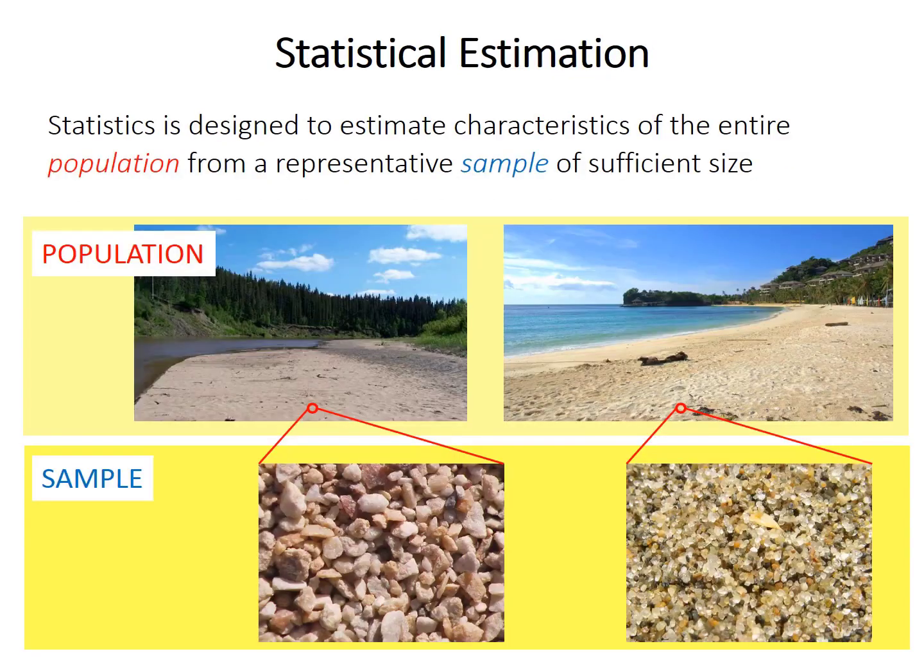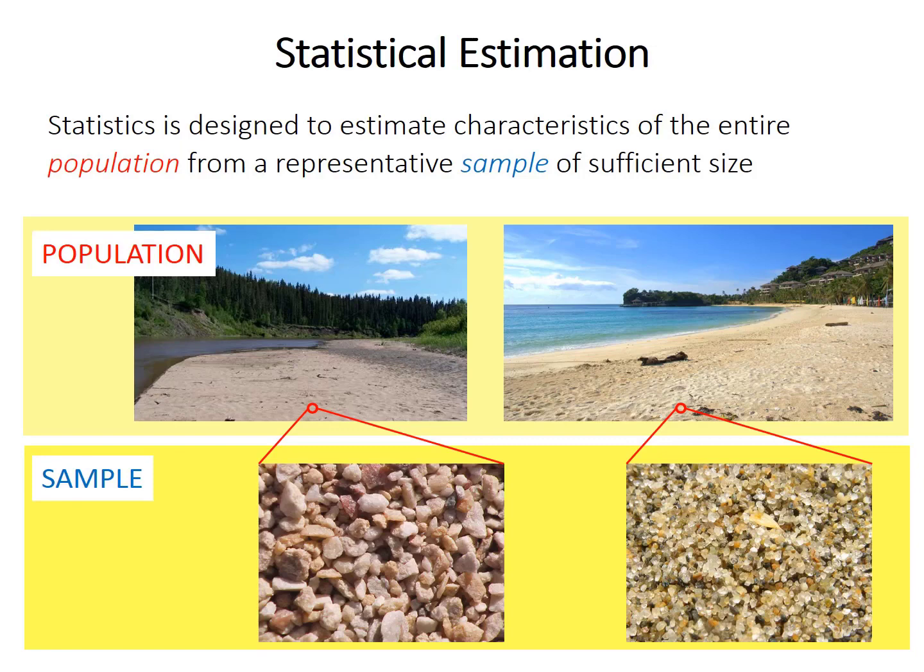Virtually all of the statistical methods that we'll cover later on are intended to compare data between two or more groups. For example, we might want to compare the size of sand in a river to the size of sand on a beach. Of course, we're not going to measure every single sand grain on the beach, so we collect a smaller sample and use that to estimate and compare characteristics of the population.